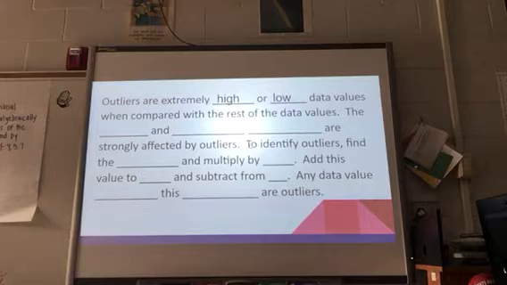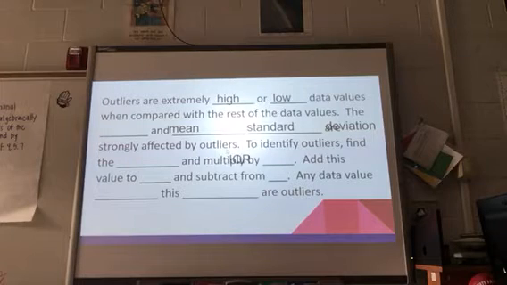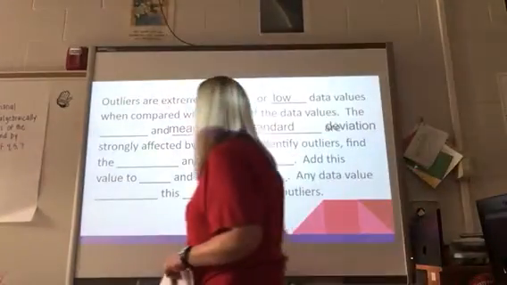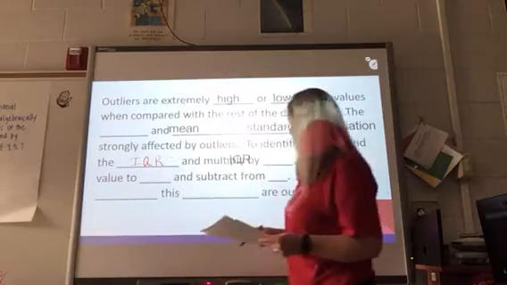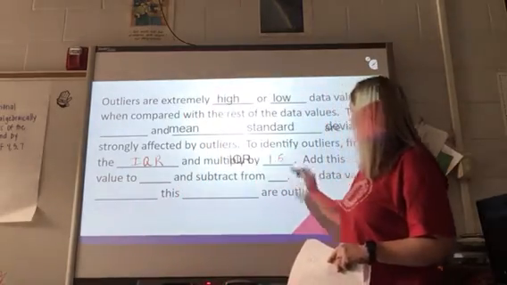Outliers are extremely high or low values. The mean and standard deviation are strongly affected by outliers. To identify outliers, we're going to find the IQR, and multiply by 1.5.